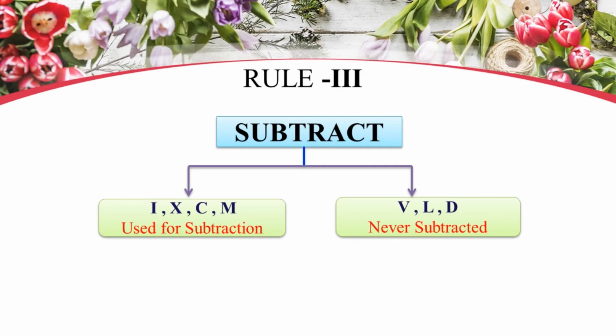That means a number can be subtracted from the symbols I, X, C, M, but a number cannot be subtracted from the symbols V, L, D. That is, any number can be subtracted from the symbols I, X, C, M. But no number can be subtracted from V, L, D.